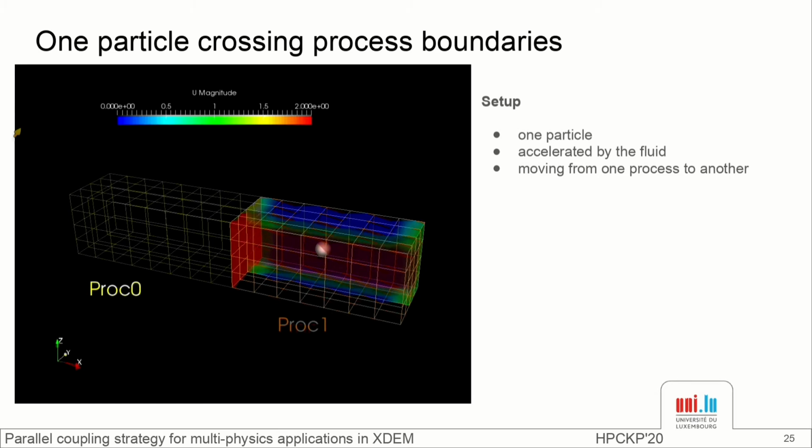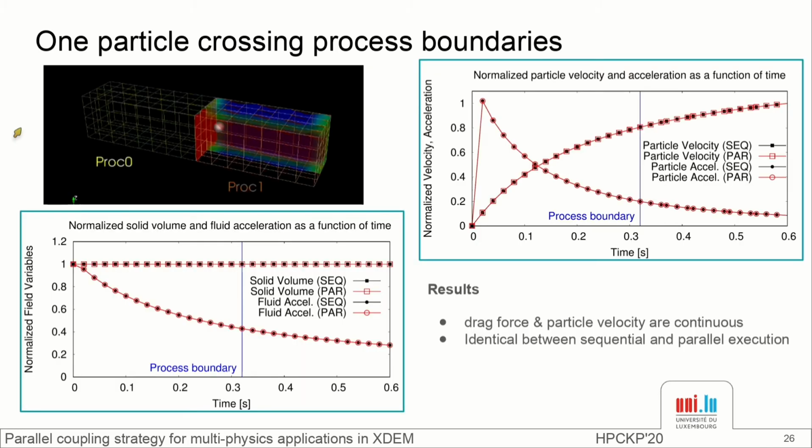And we will partition this domain and put the two parts of the domain, the left and the right, on two different processes. And we will measure and see the result of the simulation.